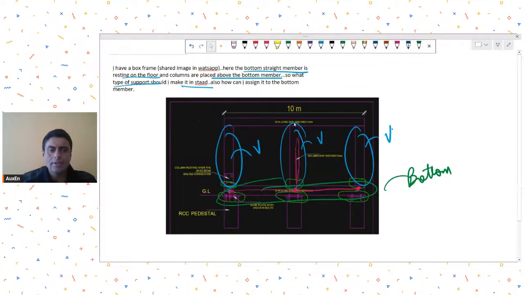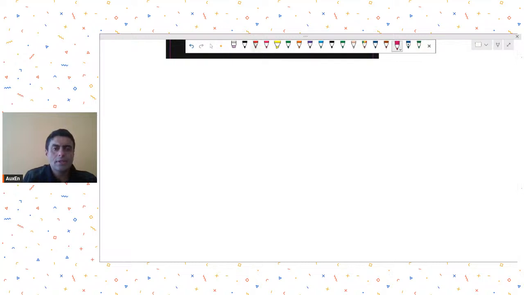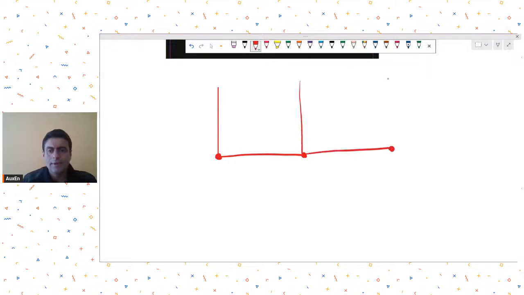So what I can suggest over here is that it depends whether your bottom member is going to be loaded or not. One of the ways could be that this is your vertical member, this is your node, this is your horizontal member, this is again vertical. These are your verticals and these are your horizontal members.